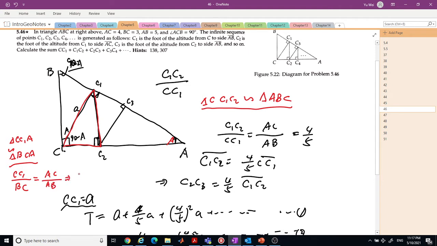So CC1 is equal to BC, which is 3, times the AC, which is 4, over 5, which is 12 over 5.